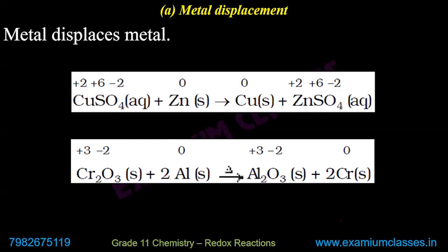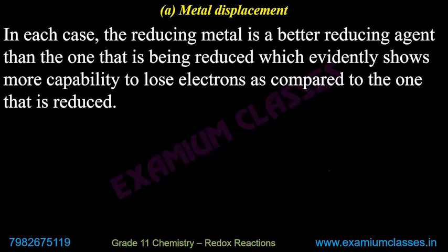So here also, from chromic oxide, chromium is replaced by aluminium. So aluminium replaces chromium, so chromium goes out. Now, in each case, the reducing metal is a better reducing agent.